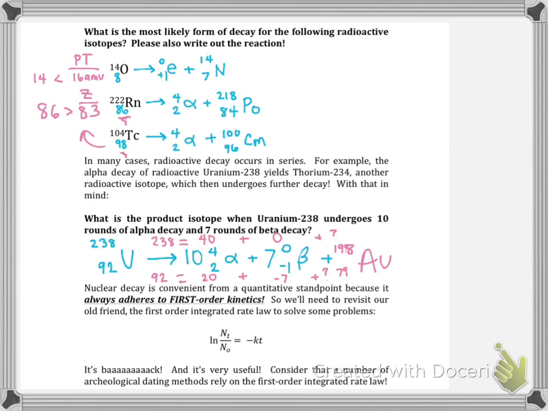And so we know for first order, that's the equation where we have the ln. What we do in nuclear is, instead of saying we have some compound, we just say, oh, I have some nucleus. So N. So we'll have how much of that nucleus we have at some time equal to the ln of that initial value minus kt. And you'll see here the equation that's already on the sheet.